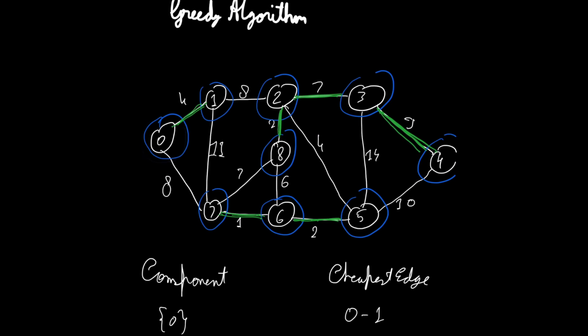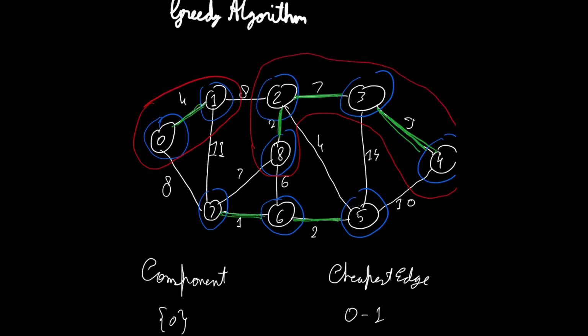As you can see, the first set will be 0 and 1. The second set will be 8, 2, 3, 4. And the final set component would be 5, 6, and 7. Now the thing we did for individual components for every single node, we will do for these set components.